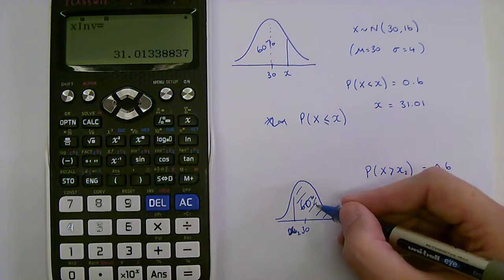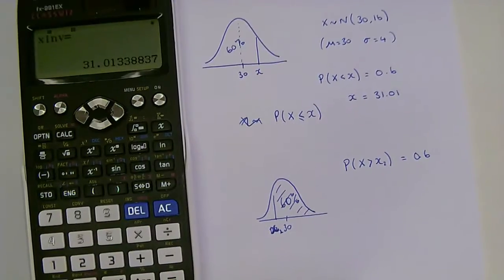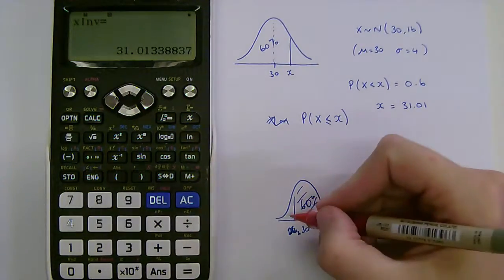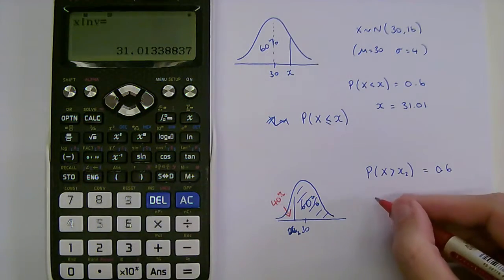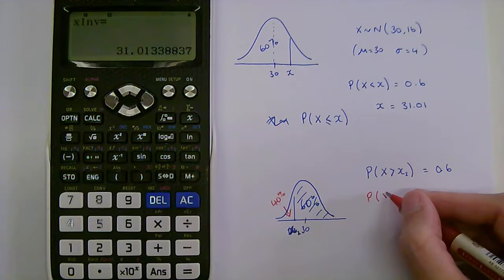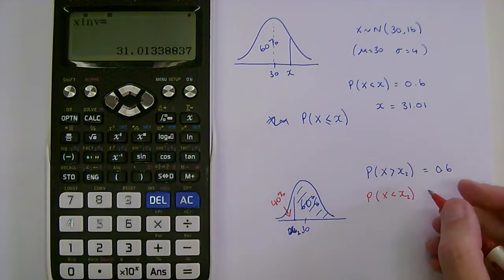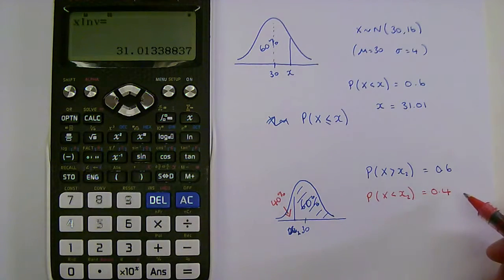But if that probability is 0.6, then this probability in here is going to be 0.4. So we change the question. We are going to work out the probability that it's less than x2 being 0.4. That's their equivalent. Those x2 values are going to be the same.